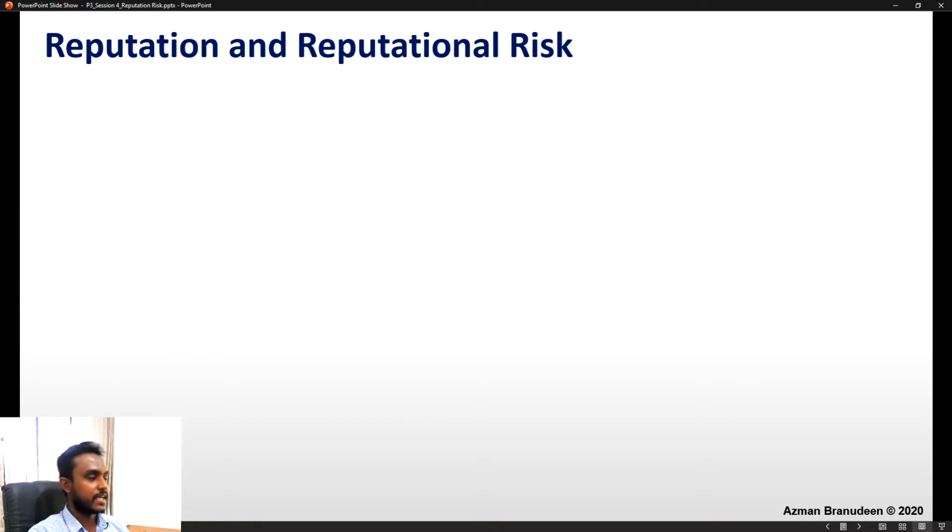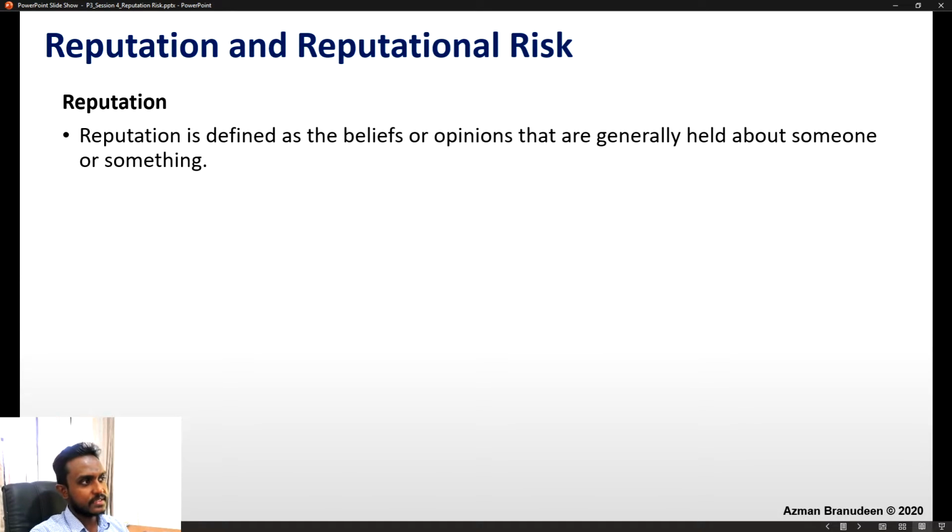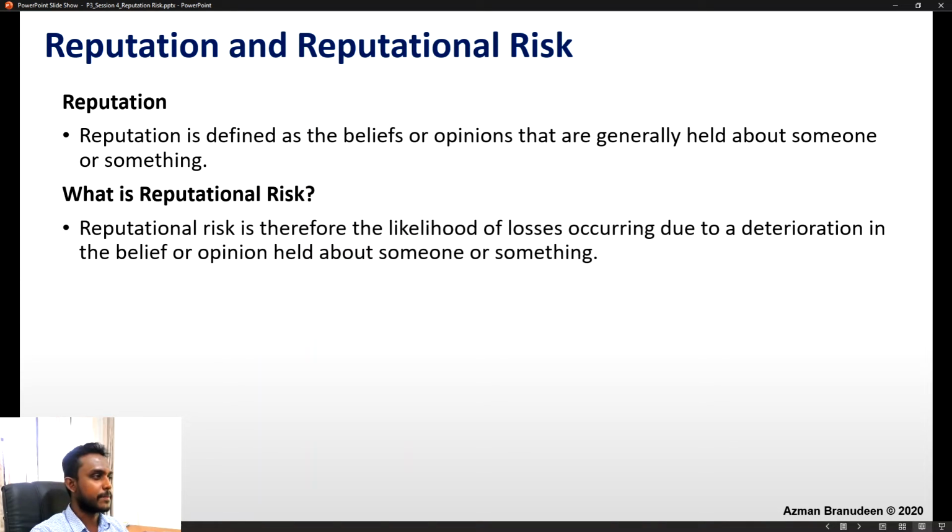First, we have to understand what reputation and reputational risk mean. Reputation is defined as the belief or the opinions that are generally held about someone or something. And what exactly is reputational risk? Reputational risk is the likelihood of losses occurring due to a deterioration in the belief or opinion held about someone or something.